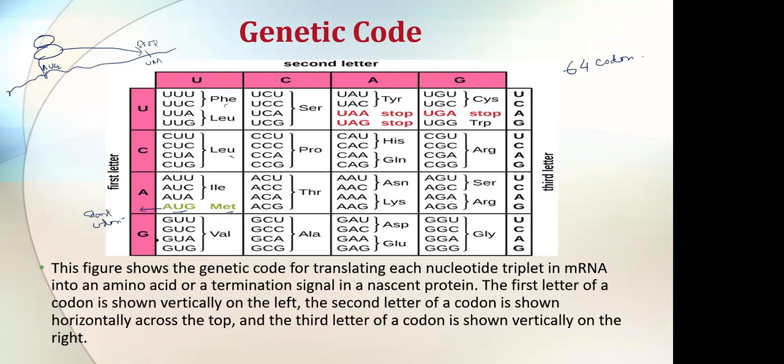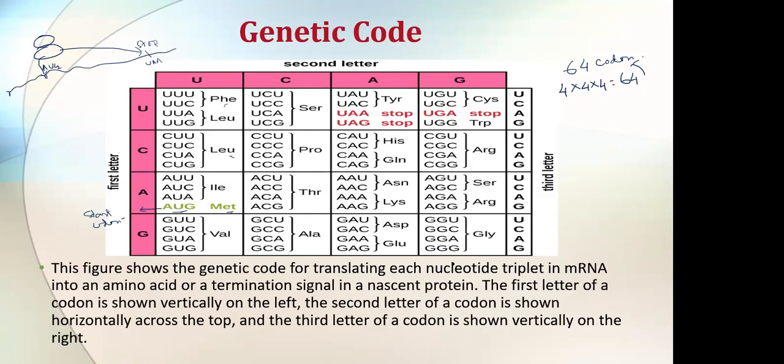So 4 nucleotides over here, and 3 bases together make 1 codon. So 4 into 4 into 4 gives us 64 codons.